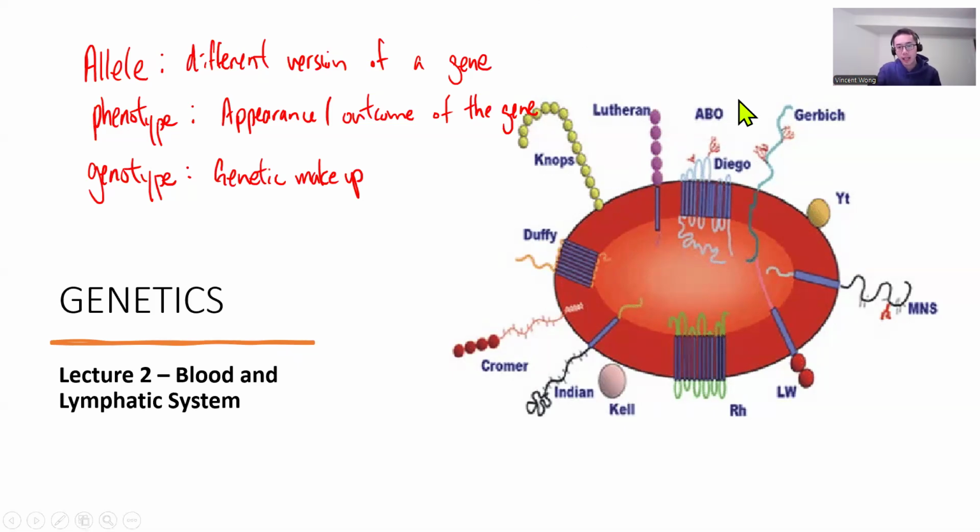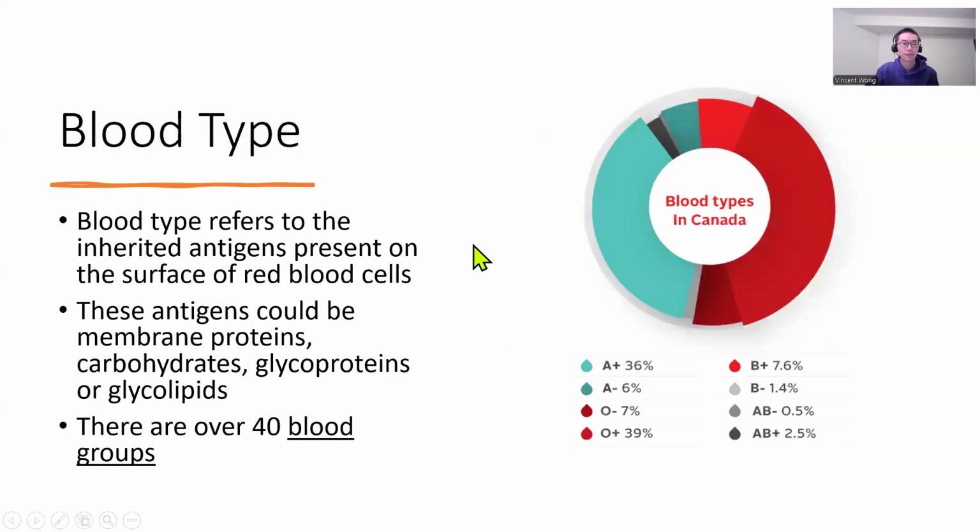So there's the ABO, there's the RH, that's the positive and negative you guys are talking about. But there are other ones like Kell, Duffy, okay? Some of them have really weird names, LW, MNS. All these are extra things on the surface of the red cells and they contribute to other types of blood group.